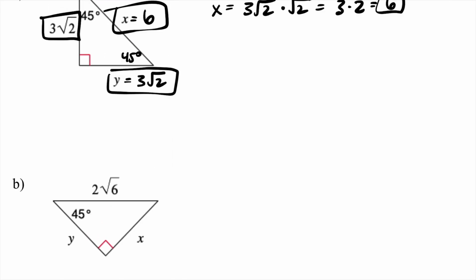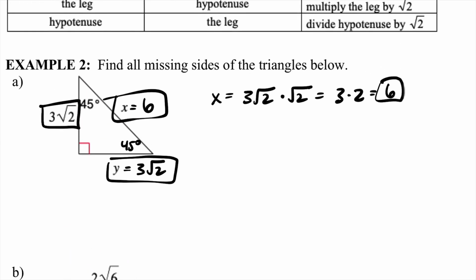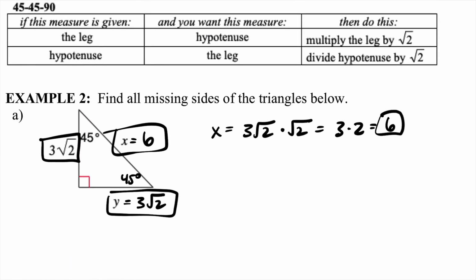Okay, so we said it's a 45, 45, 90. And we said that they've given us the hypotenuse. So we go to the table. They've given us a hypotenuse. That means we need to find the leg.